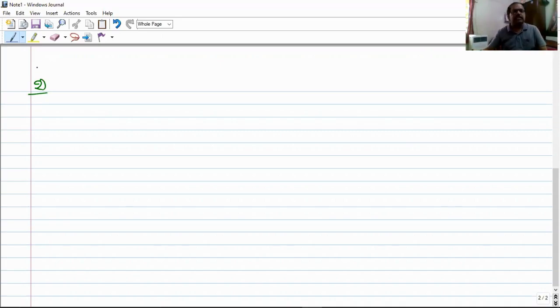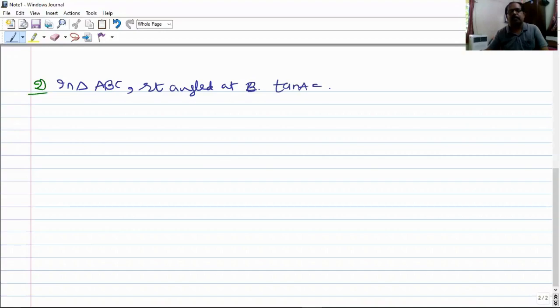So in triangle ABC, there is right angle at angle B, right angle at the vertex B, we can say. Okay, right angle at B, and also you are given tan A equal to 1 upon root 3. So value of tan A is given 1 by root 3. So you are asked to find. What we need to find?